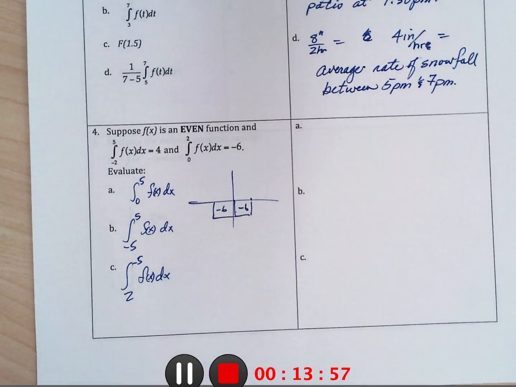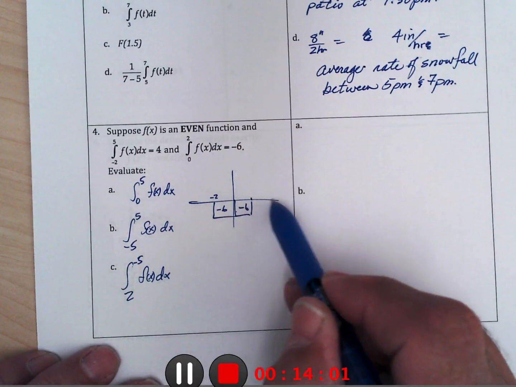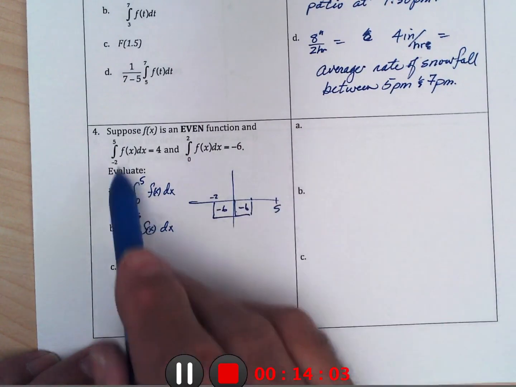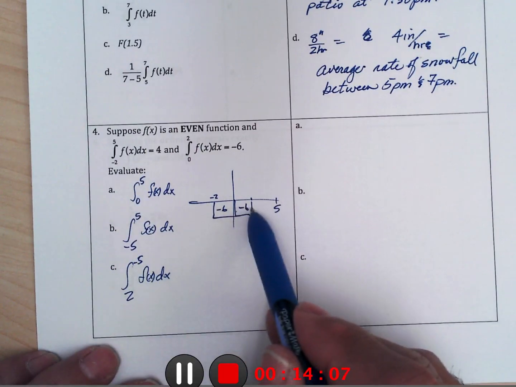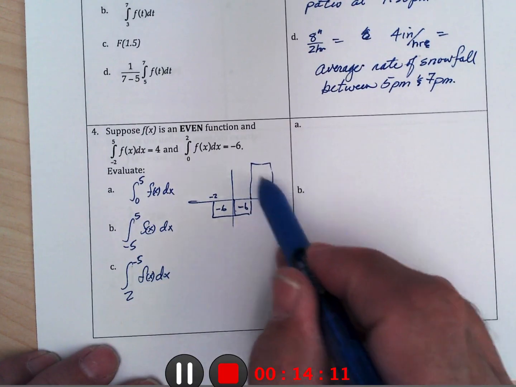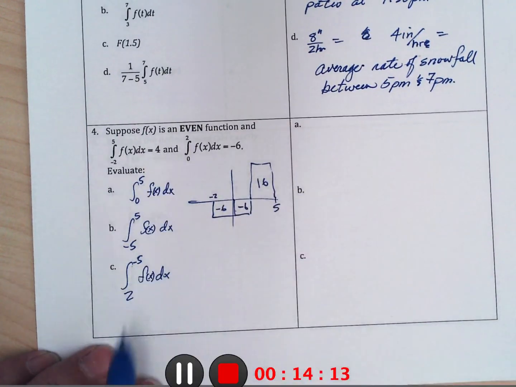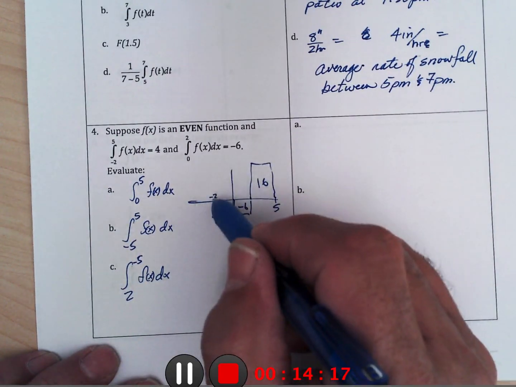And between minus 2 and 5, there's a total of 4. Well, we have minus 12, so there must have been 16 here to come out with 4. And since it's symmetric with the y-axis, that means there was 16 there.